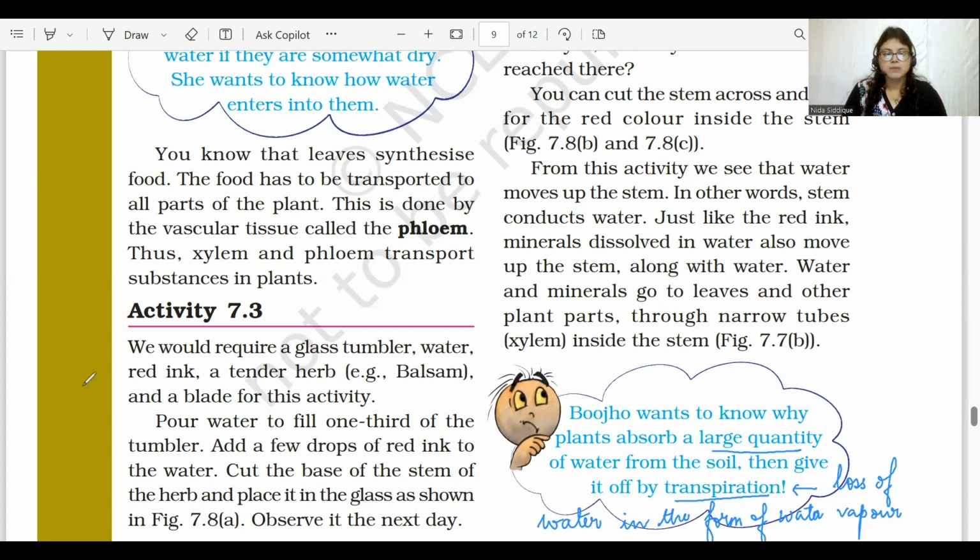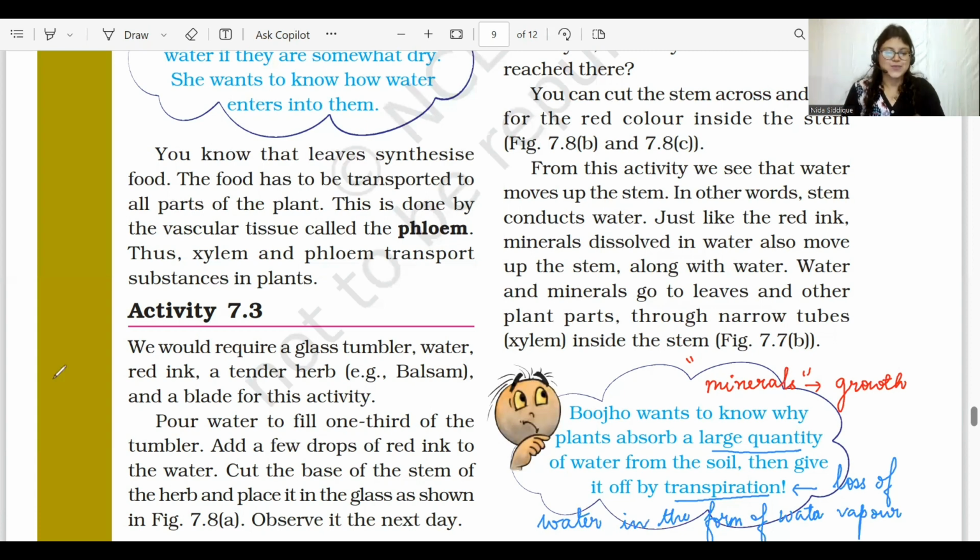It is because when the plants are absorbing water, they are taking in minerals. Plants require a good quantity of minerals in their body for their growth and maintenance. These minerals are present in very small quantities in water. So they absorb more water so that they can take up more minerals.